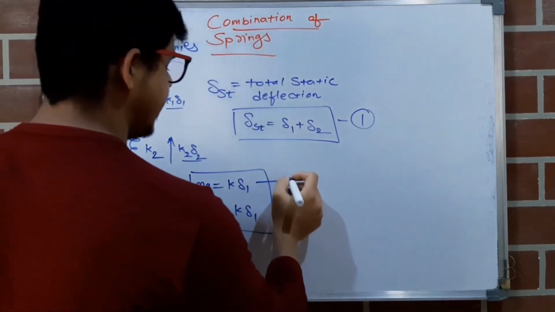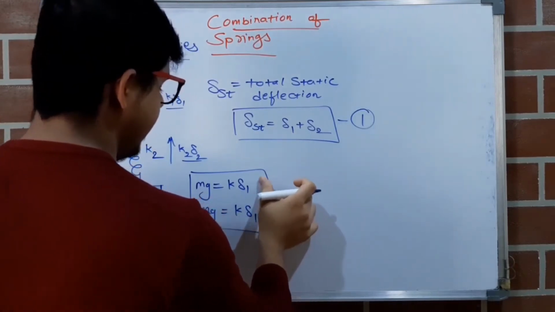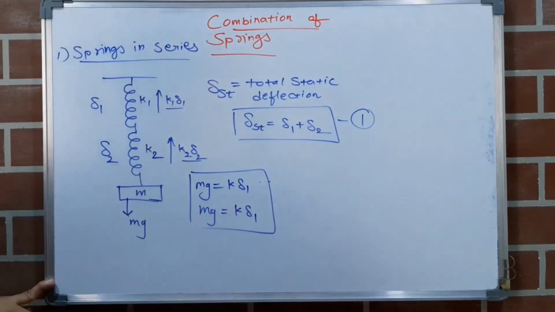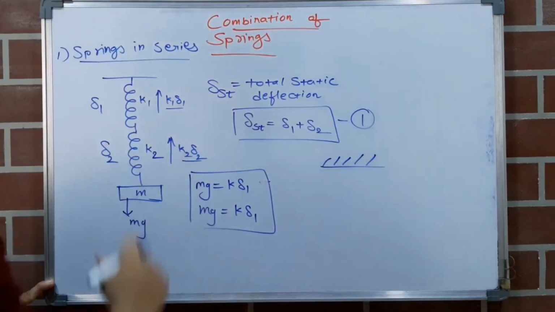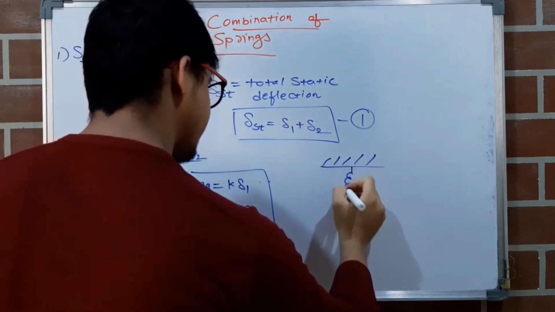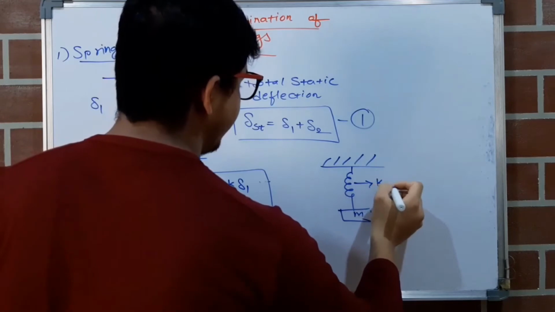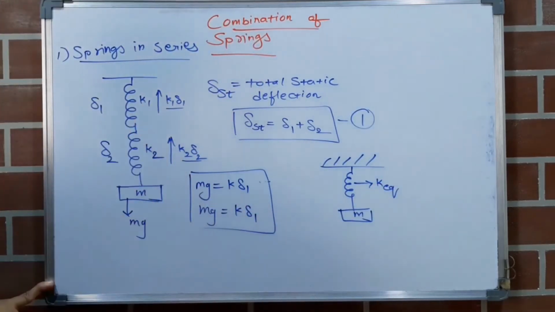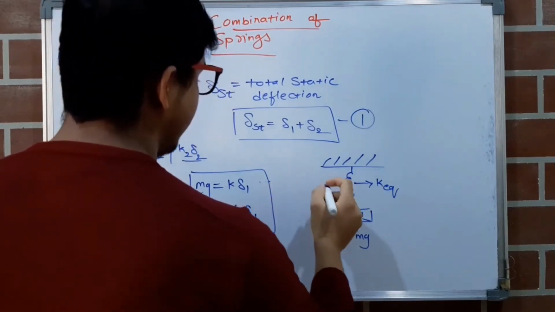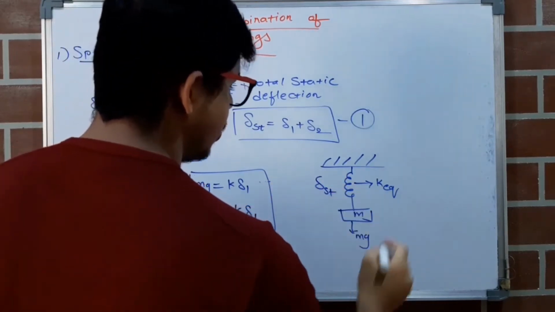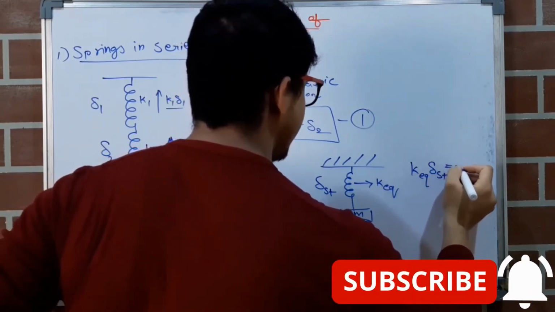First we will put the equivalent stiffness. Now if I remove these two springs and bring a spring with the equivalent stiffness of these two springs in series, and this is mg, there will be a total deflection delta St. So we can write that K equivalent into delta St equals mg.